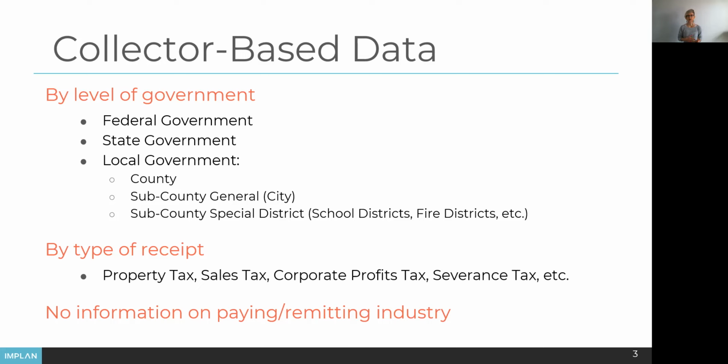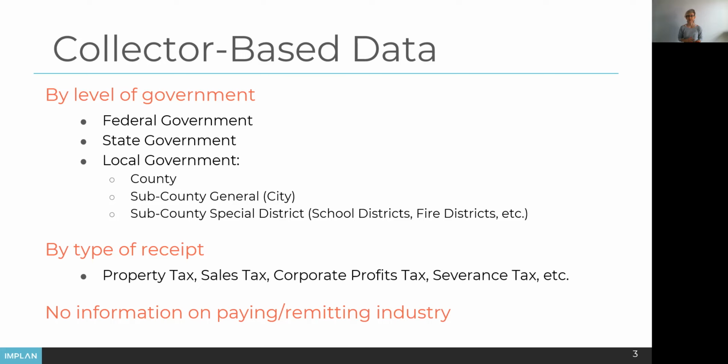So we get detail on what type of tax. Some examples: property tax, sales tax, corporate profits tax, severance tax, excise taxes, motor vehicle license taxes, things like that. So we get a lot of detail on the type of tax, but in these data sources, we don't have any information on the paying or remitting industry if they are paid by an industry.